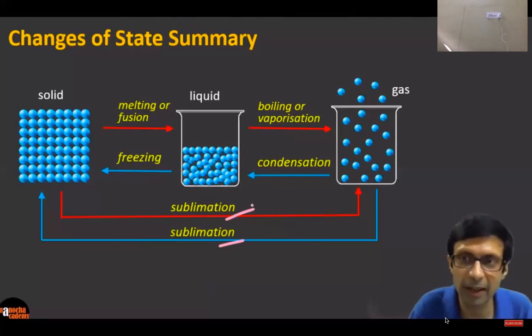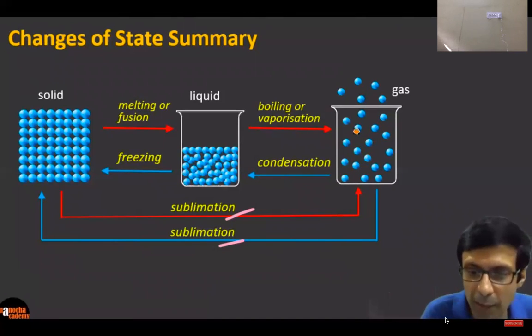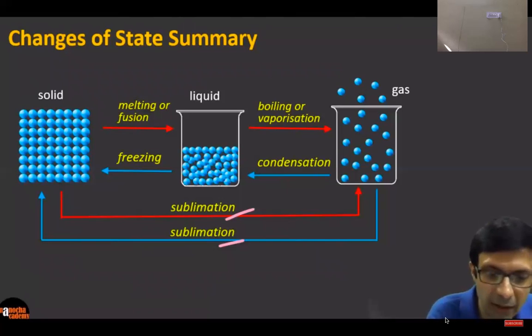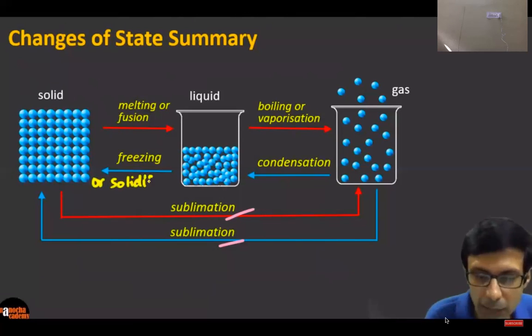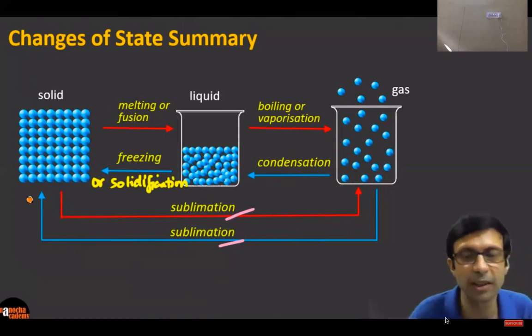So here's the entire summary that you can see here. We did solid to liquid, that was called melting or fusion. Then we had boiling or vaporization, then condensation here, and then freezing or solidification. Solidification was liquid to solid, and then we have these important things: going from solid to gas, or gas to solid, is sublimation.